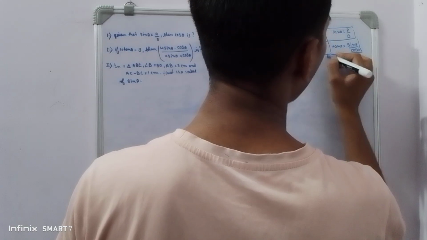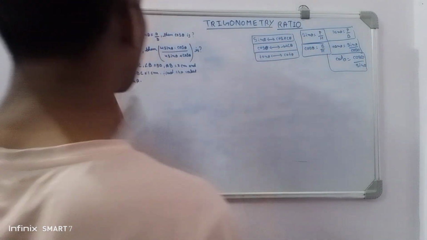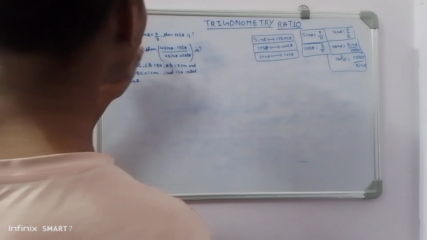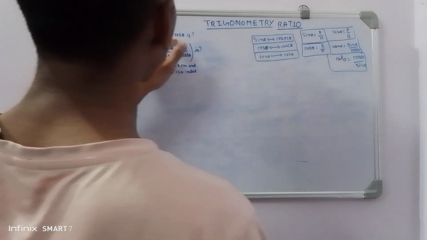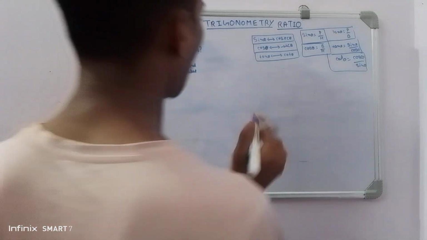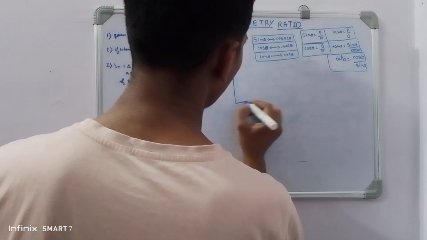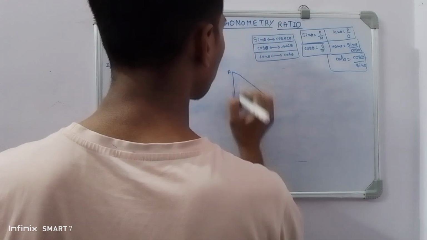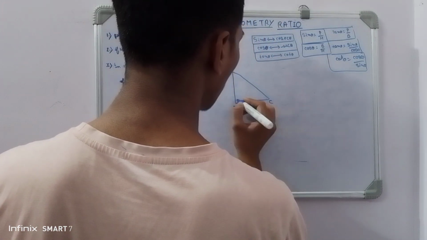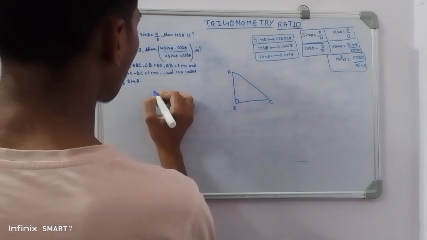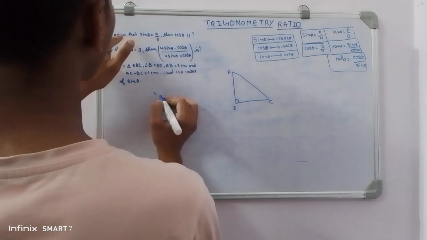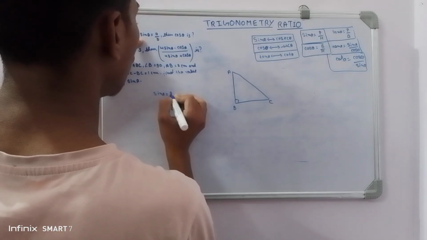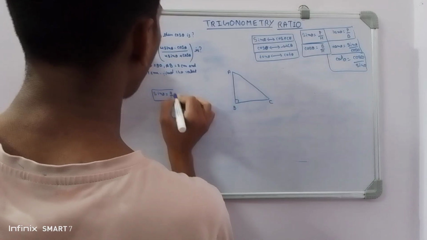Now I am going to solve a question which is based on this. We are given that sin theta is equal to A by B, and we have to find cos theta.